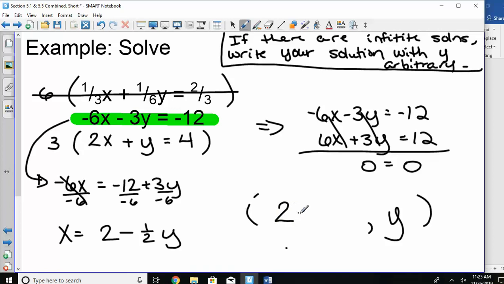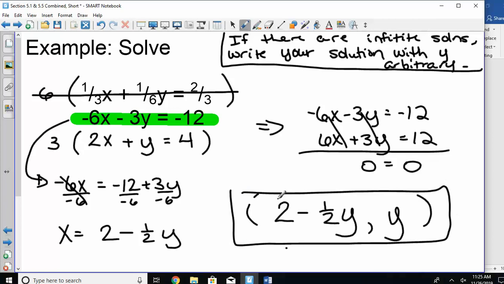But because I said y arbitrary, y is the variable I keep. If I said x arbitrary, you would have x comma and then something for y where the variable was x. So this says if I pick any y value, you can tell me what the x would have to be so that it would fall on this line.